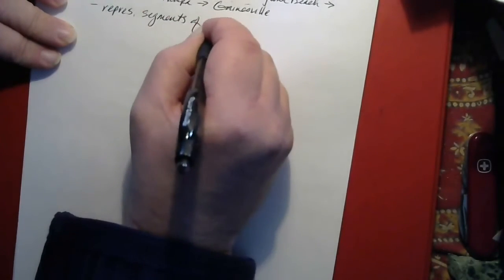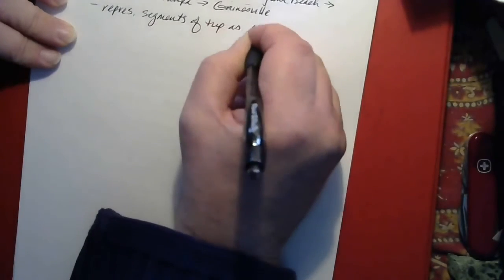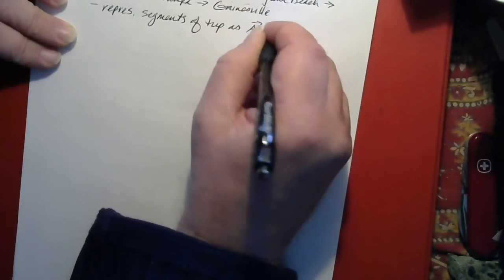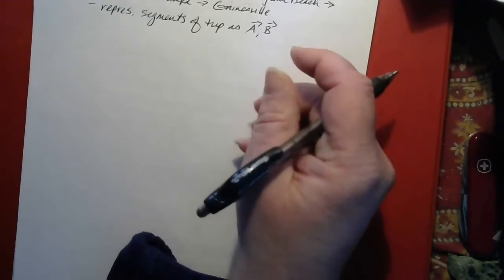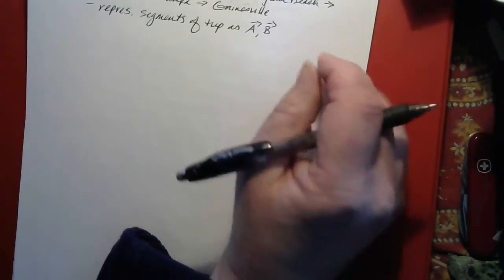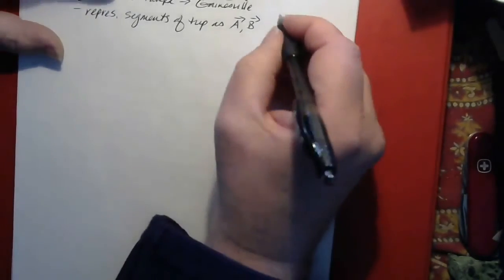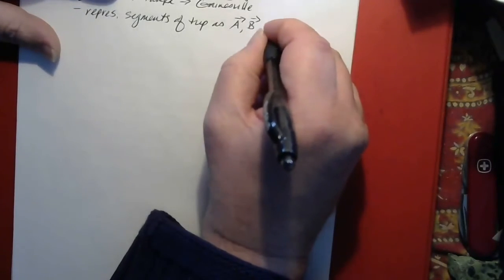And you can represent the legs of the trip by designating them as D1, D2, D3, like we did before, or vector A, B, C, D, and E.